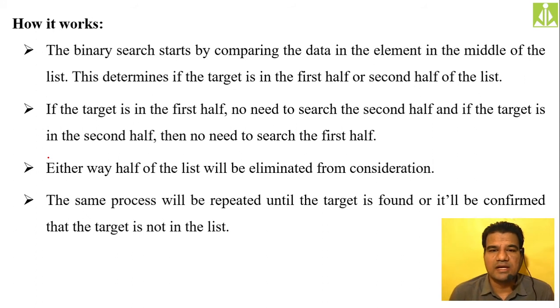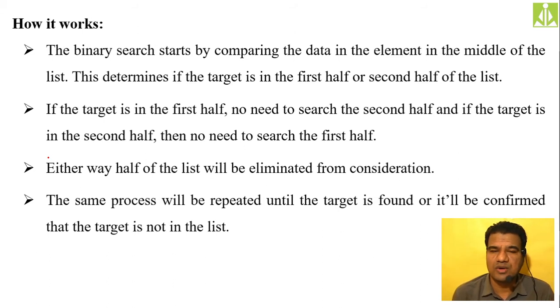If the target is greater than the middle element value, we exclude the first portion, and if the target is less than the middle element value, we exclude the second portion of the list. Either way, indirectly we are dividing the comparison operations by 2. So simply we are making the comparisons half.